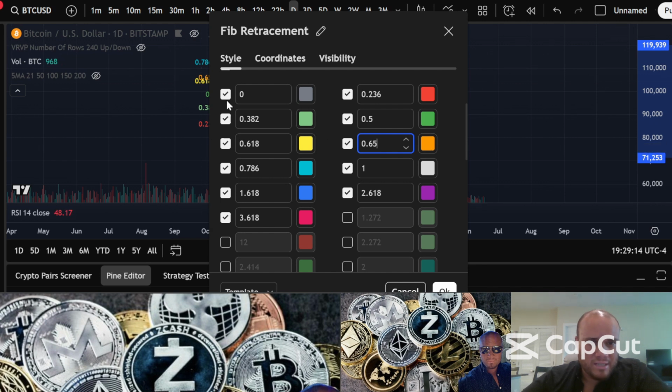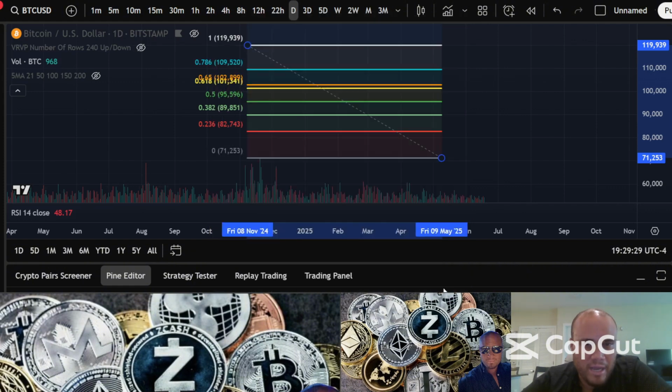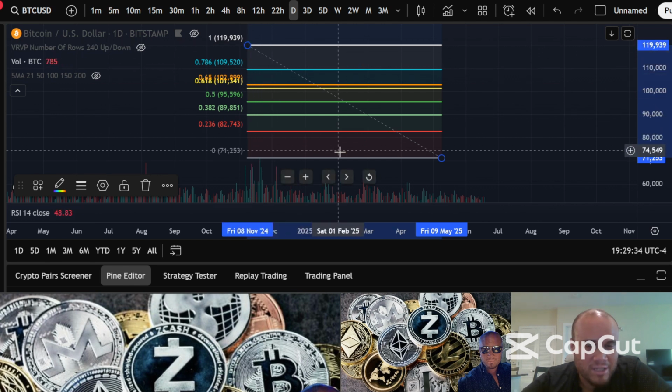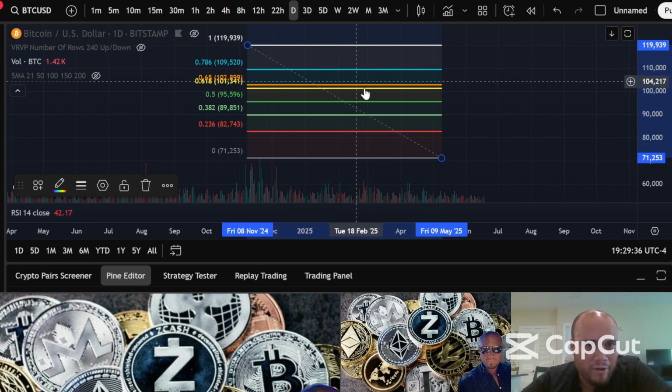You should have the same kind of levels and numbers for your chart, but you might not have that 0.65 level. Just go ahead and put in that 0.65 level, the orange level there, then click OK, and you should have a Fibonacci toolkit that looks similar to what you have right here.